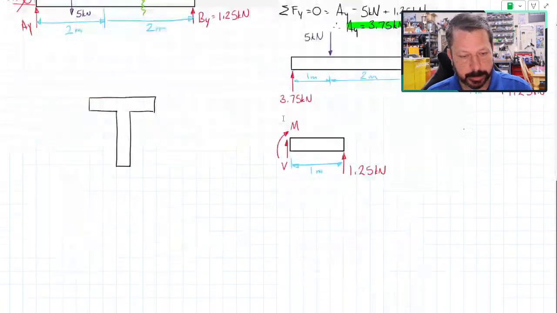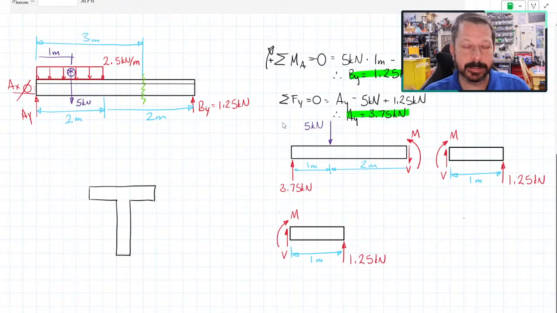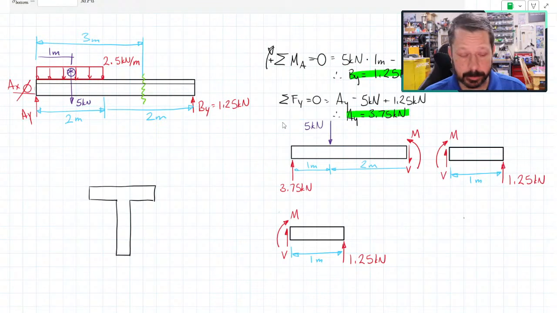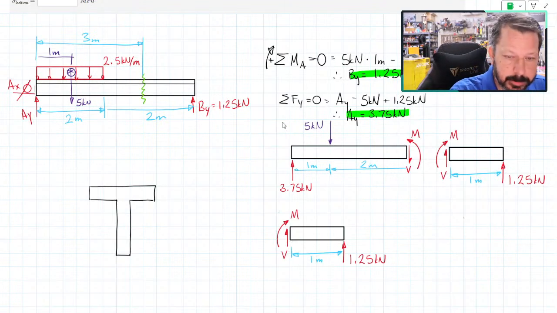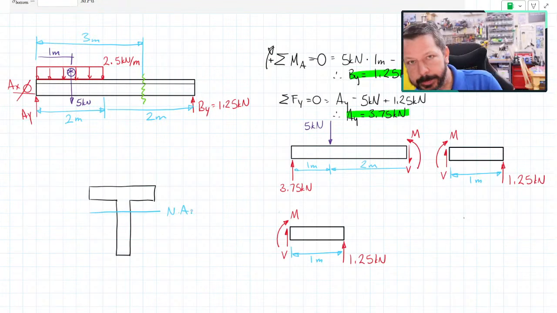When I drew the little dotted line for it deflecting, I said that dotted line was at the neutral axis. The neutral axis is at the centroid of the cross section. So if this T shape is my cross section, then the neutral axis is somewhere up here. We're not going to find the exact location right now, but somewhere up there.